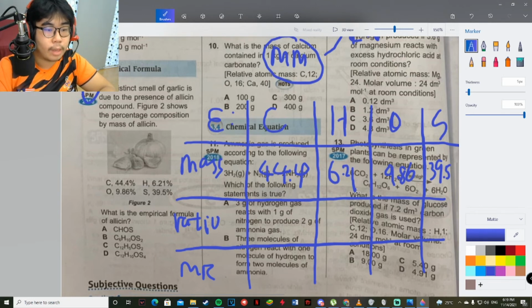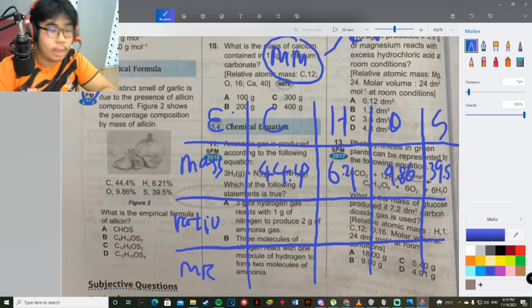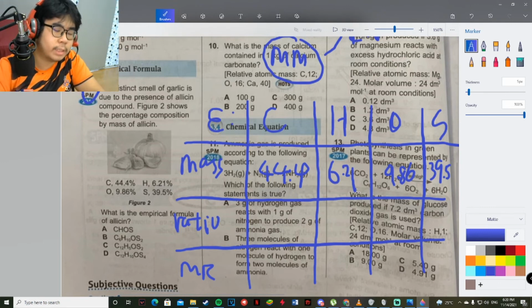But in this case, it is not given, so I think you're just supposed to know. The most special one here is probably sulfur. You need to remember the sulfur atomic mass, which is 32. The others are fine.